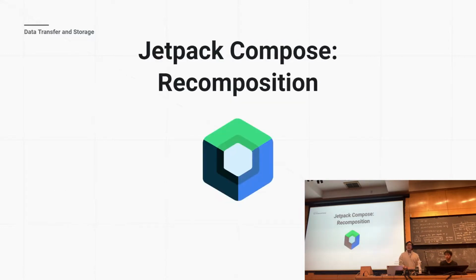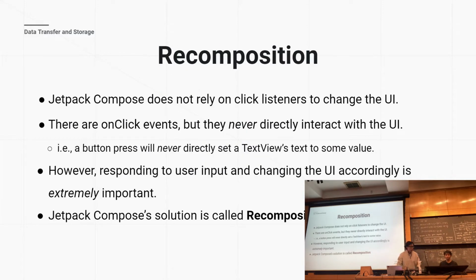So, today we are talking about recomposition, right? And what it is. So, what is recomposition? Well, Jetpack Compose does not rely on click listeners to change the UI. We went over this last time. There are on-click events, however, they will never directly interact with the UI.